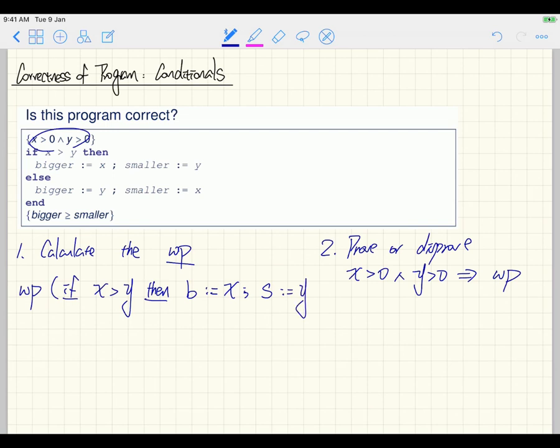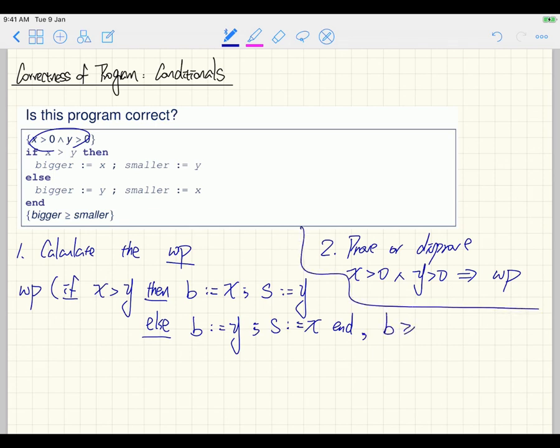Otherwise, B will be assigned to y, followed by smaller assigned to x. And in the end, it's going to assert B is larger than or equal to S. So far so good.